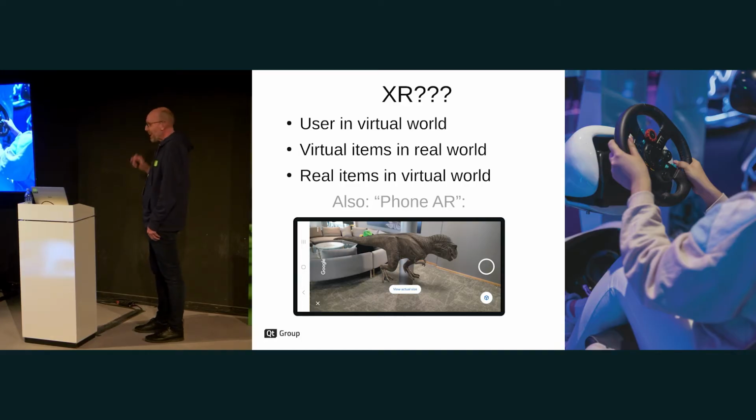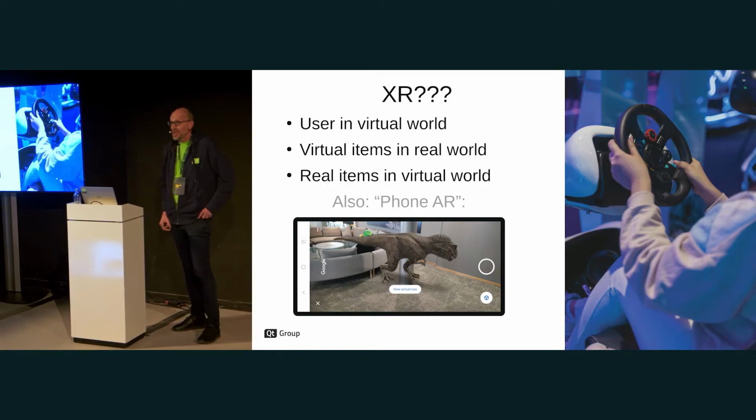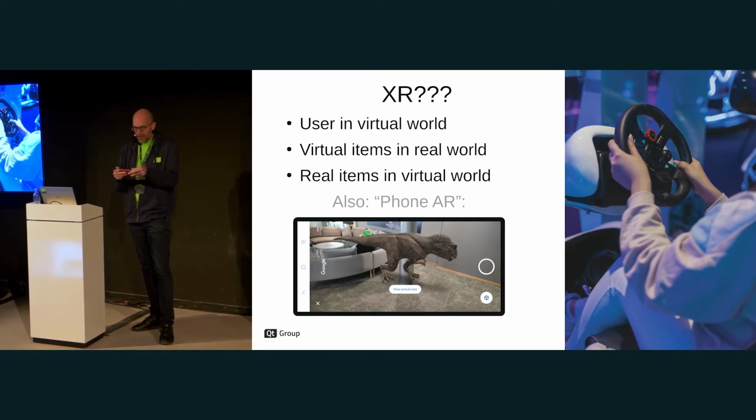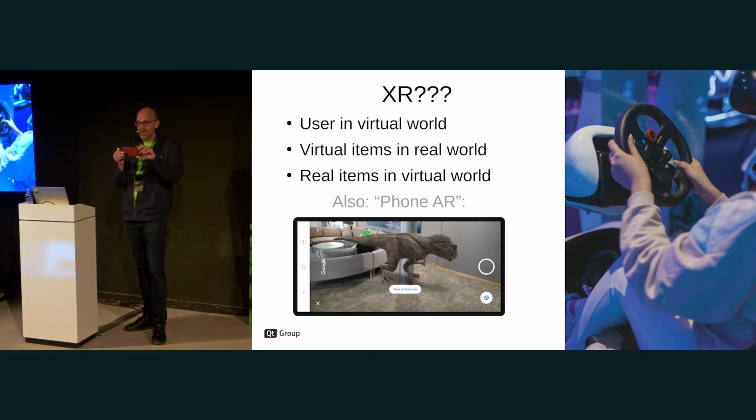There's something else also called AR, which is when you take your phone up and you see the camera view of that phone on the screen, but you also see that there are Pokemon or whatever around in that world. This is not what I'm talking about. We are experimenting with that in the Qt company, but we don't have anything ready to show you quite yet.